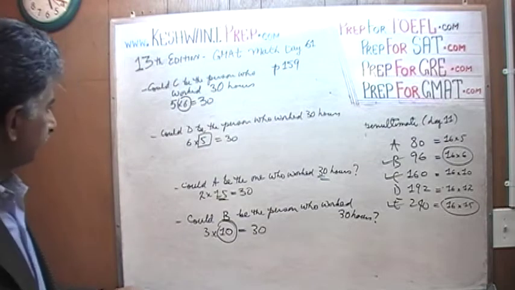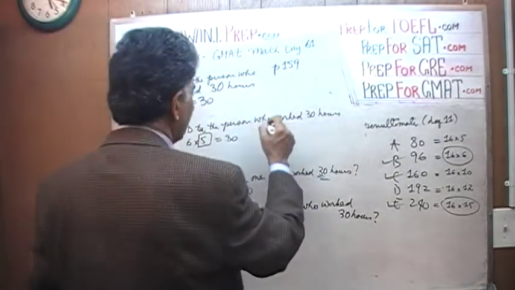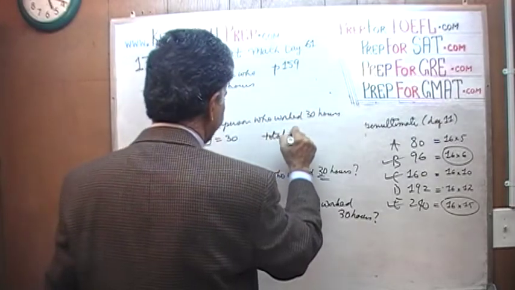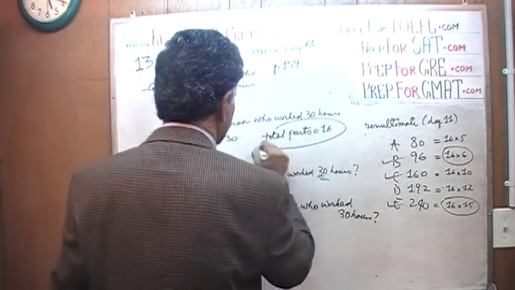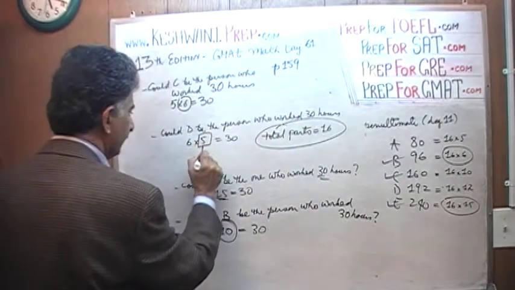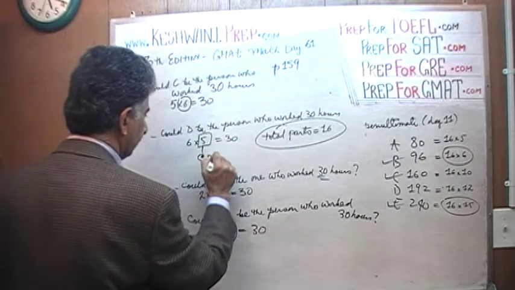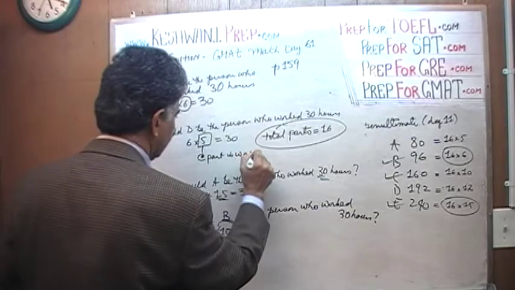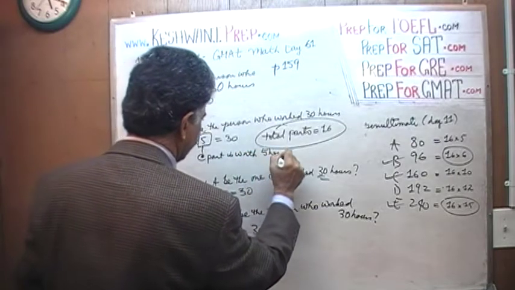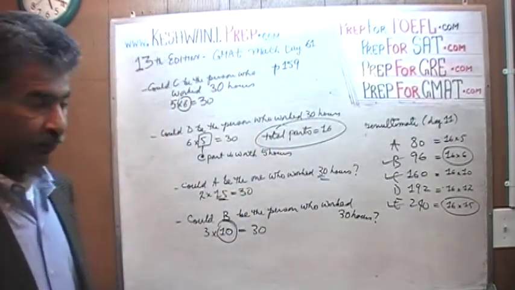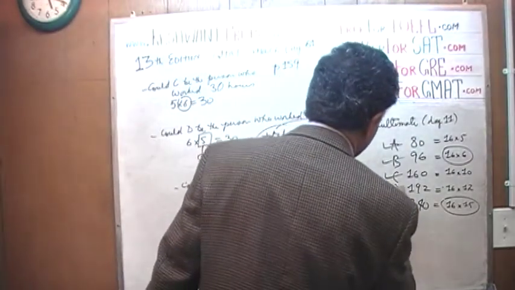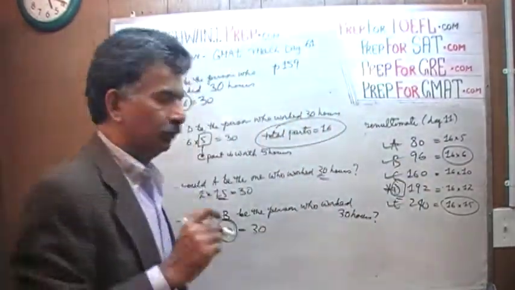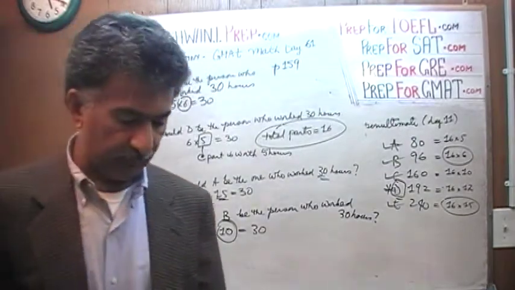And 5 times 16, the total parts. Remember, the total parts were 16, and if each part is worth 5 hours, then the total number of hours must be 80. There you go, voila. The one that is left is 192.